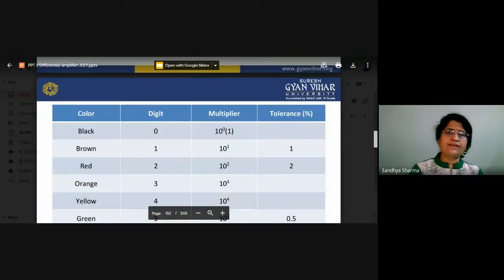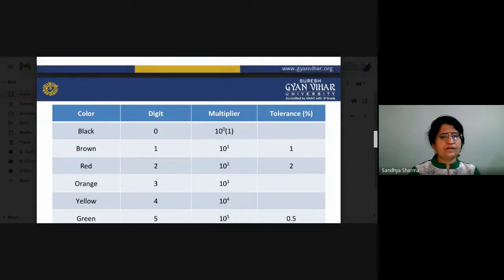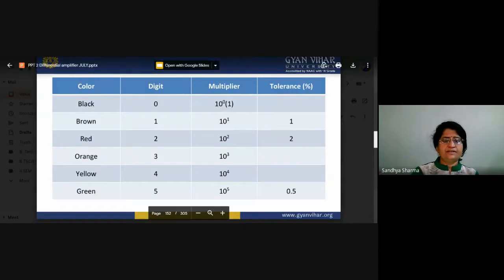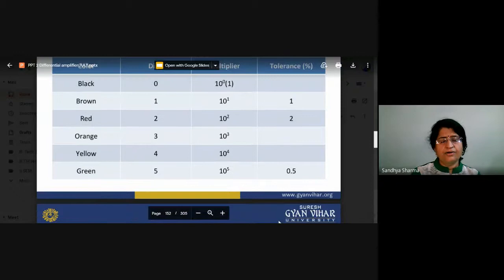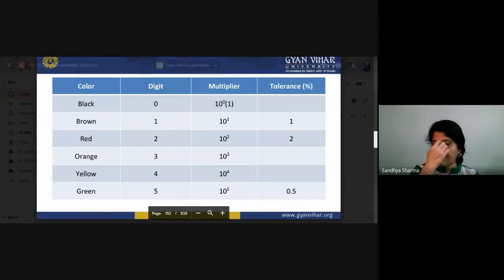Suppose you have taken black, brown, red, orange, yellow, green. These are the main base colors, and according to that we allot digits 0 to 5. According to those digits, we have to multiply.